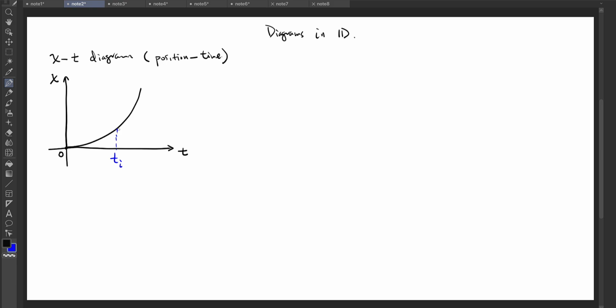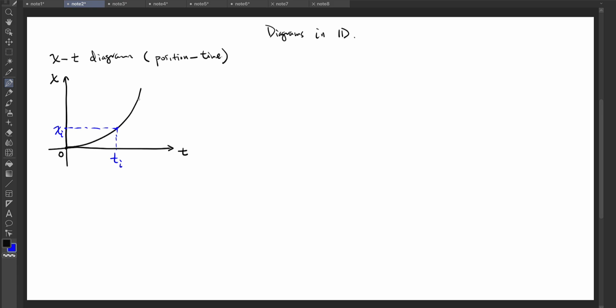Then when I look at this point here, its intercept with the x-axis, I draw a projection there. Then that length will represent this object's position at this instant. Let me call this xi.